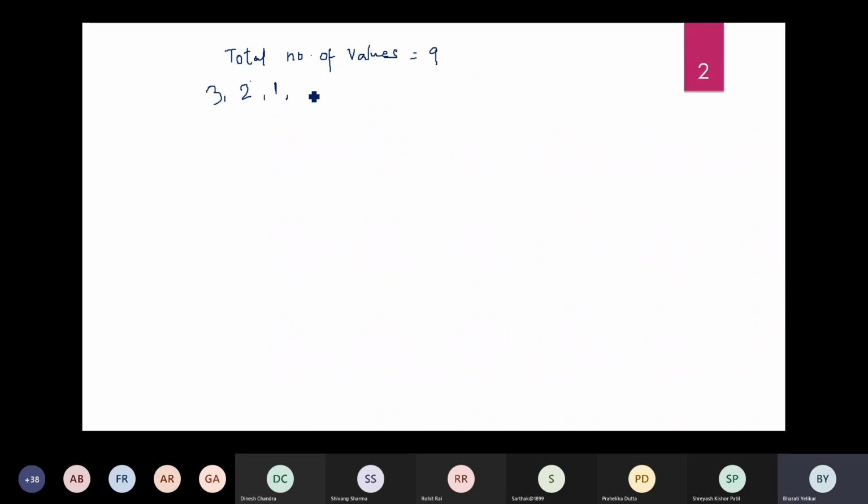And these are, for example, 3, 7, 5, 9, 8, 6, 4. These can be any values. For time being, I am taking these as the values.